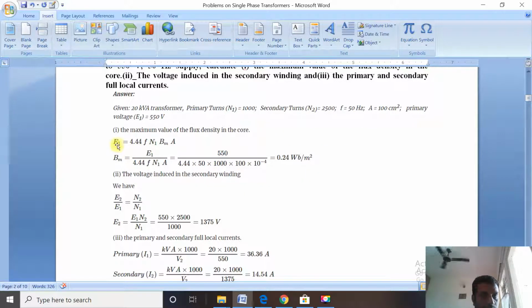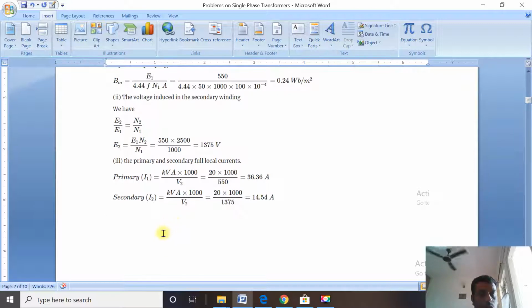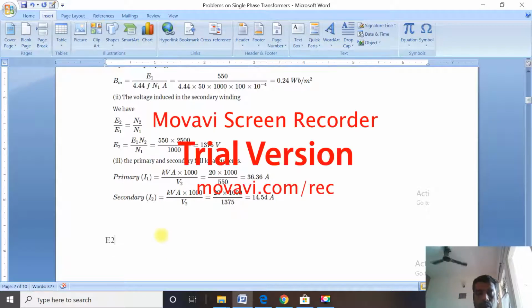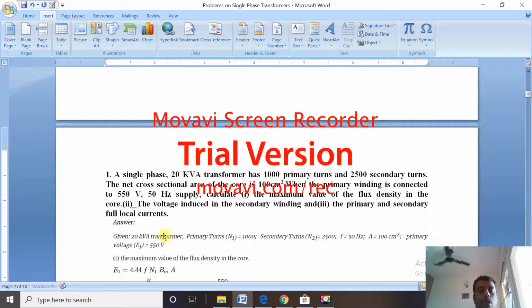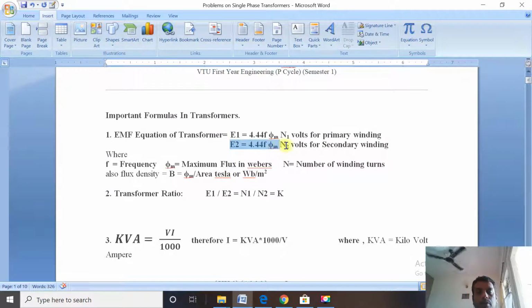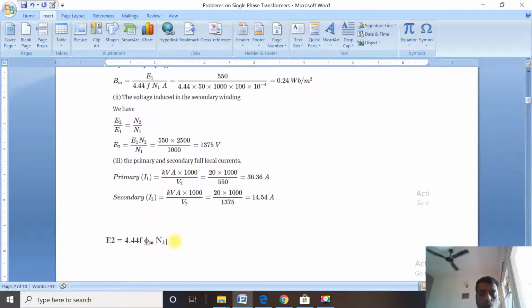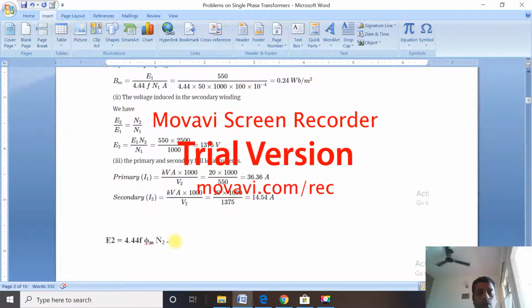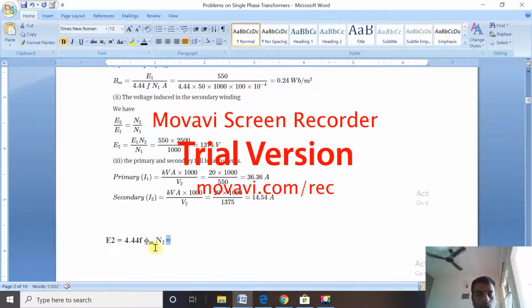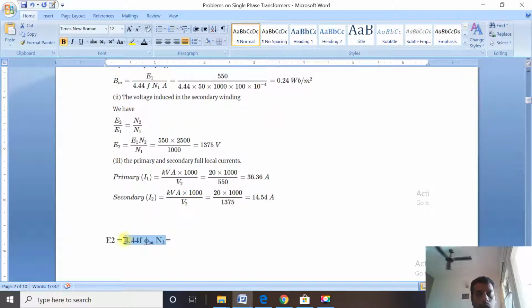So E2, the EMF induced on the secondary side, is equal to 4.44 F phi_m N2.